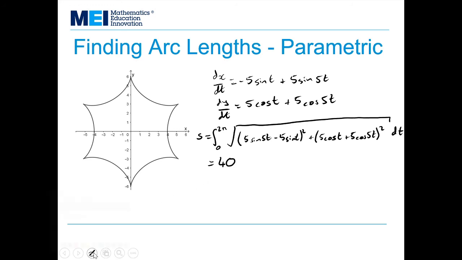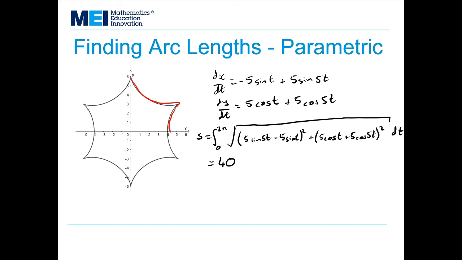Now it's worth thinking about other ways we could have calculated this. So instead of doing the whole curve, I could have chosen a section of the curve. So just here, the bit that I'm highlighting in red, we could have worked out what these two endpoints were and done the integral between those t values, and then used the symmetry of the curve to multiply it by 4 and found it that way.